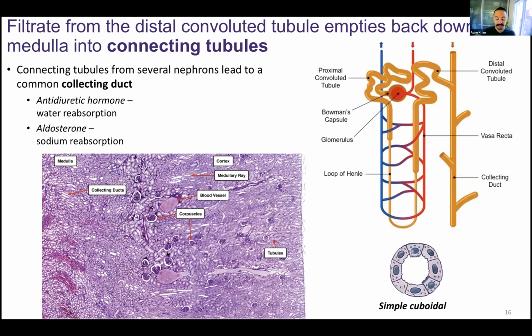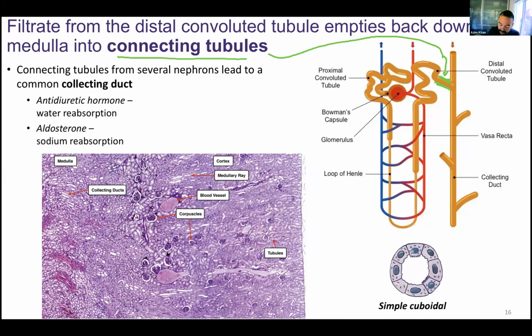Still more happens to our filtrate. We're not done. Bowman's capsule, proximal convoluted tubule, descending limb, ascending limb, distal convoluted tubule. And now we're at this portion right here. This tiny portion is called a connecting tubule. A connecting tubule connects many nephrons.